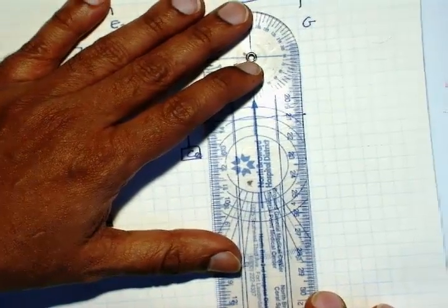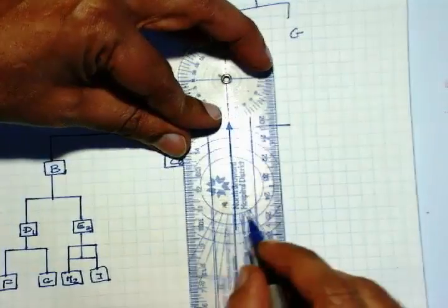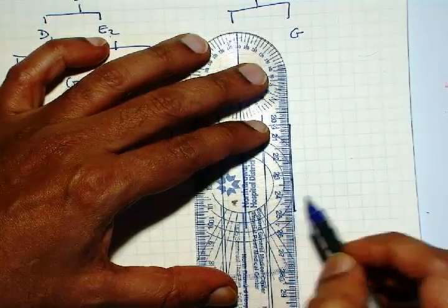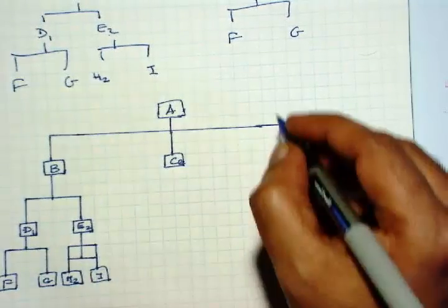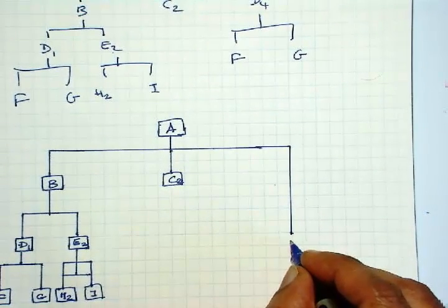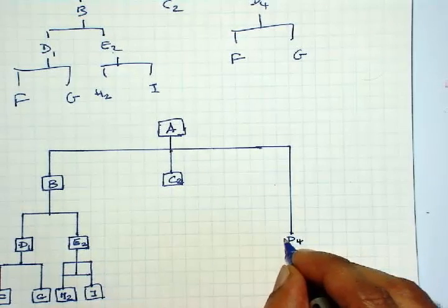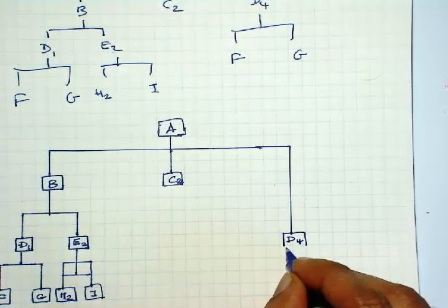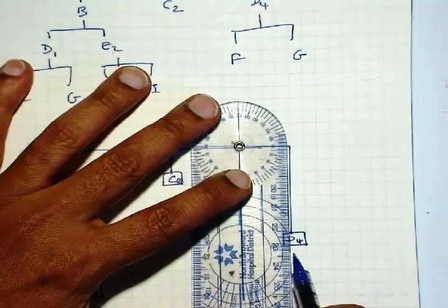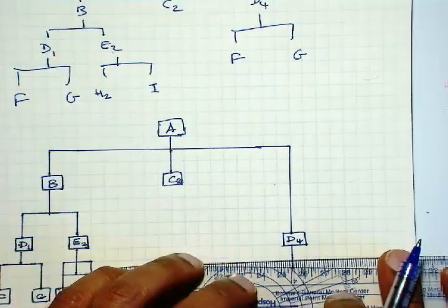On this side we have D, so now D, we'll have to bring D down all the way there, so that this D and that D will be in the same level. So 4, and then of course we have F and G. Well, I made a mess again.